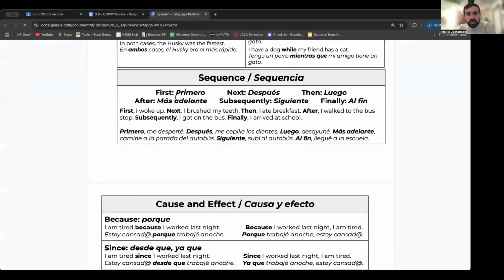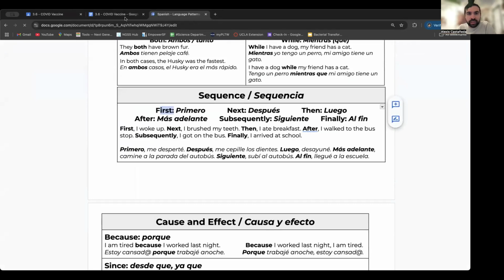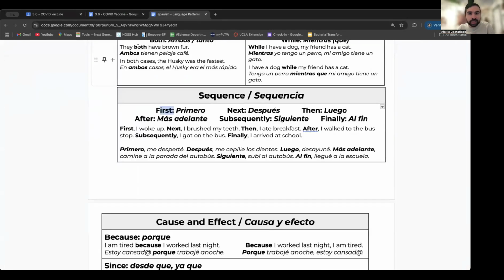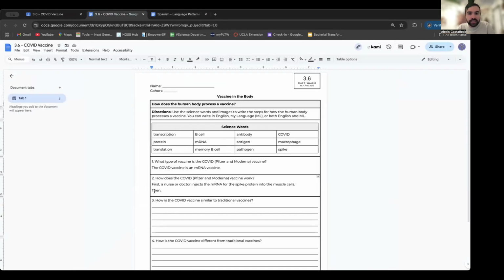So first we have our first, then the next word is next. So let's use the word next. Next, the mRNA for the spike protein is translated into the spike protein in the ribosome. The ribosome is in the cytoplasm. You can add all the details you want, but this is just the major information.